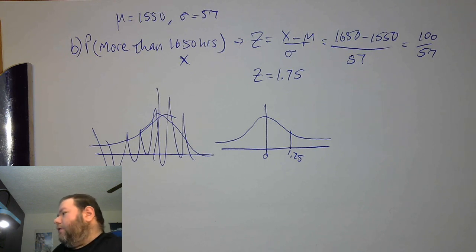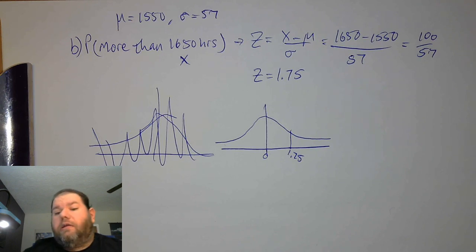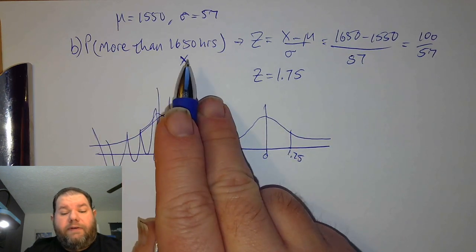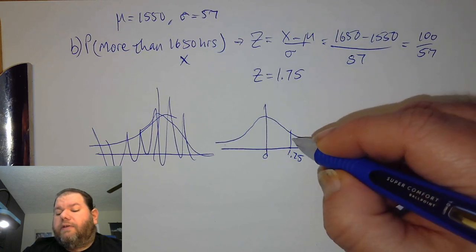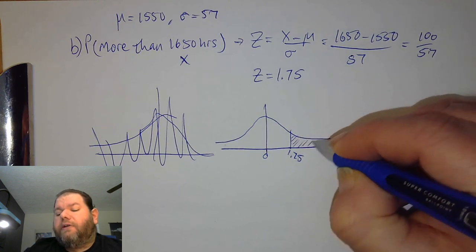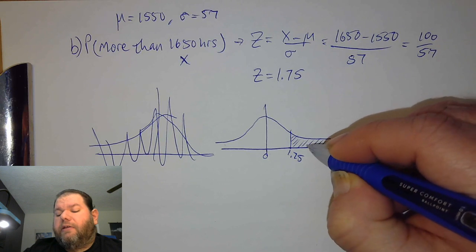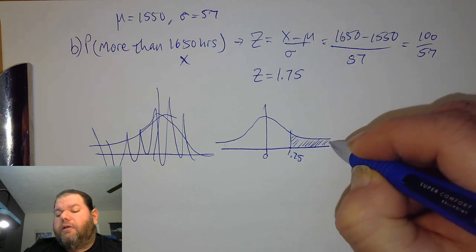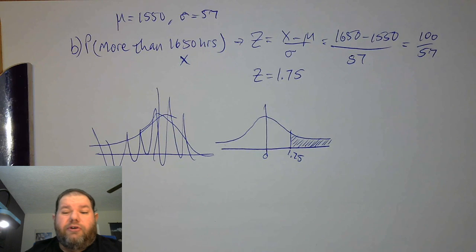Yes. We know it's more than 1650, and then we can say, okay, the more than would be to the right. If it had said less than, then that would be to the left. Now, again, we could use language such as at most or at least. We have to be sure we're comfortable with those also.